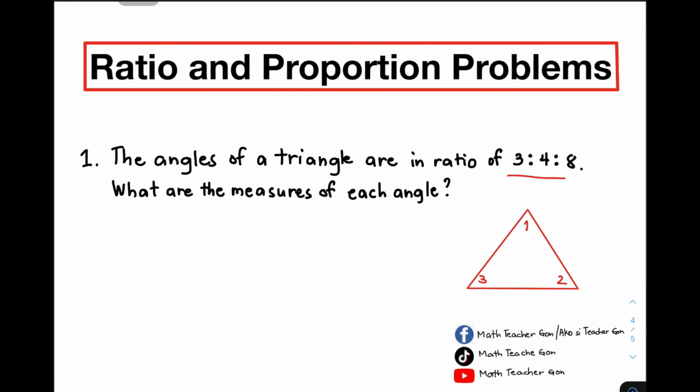Kung meron kang angle 1, pag inad mo siya sa angle 2, plus your angle 3, their sum is equal to 180 degrees. Kahit anong klaseng triangle pa yan. So basically na kailangan natin gawin dito, guys, when we encounter this kind of problem, is to use this ratio.